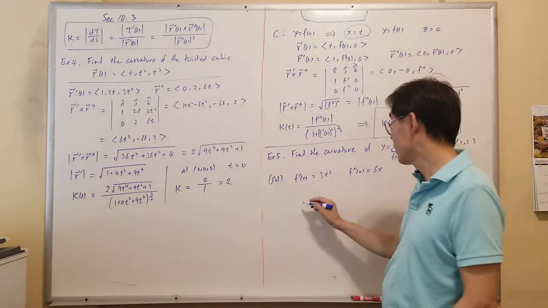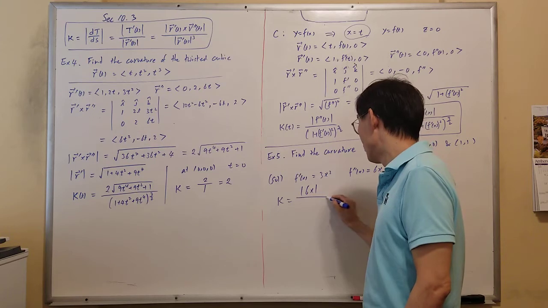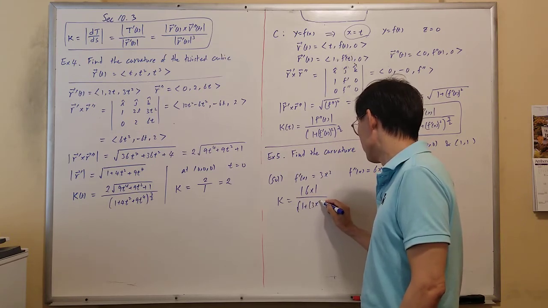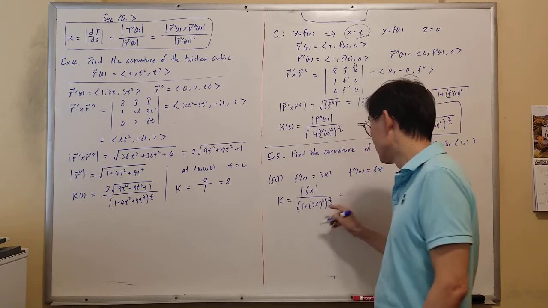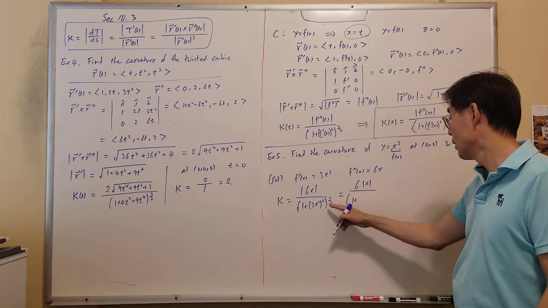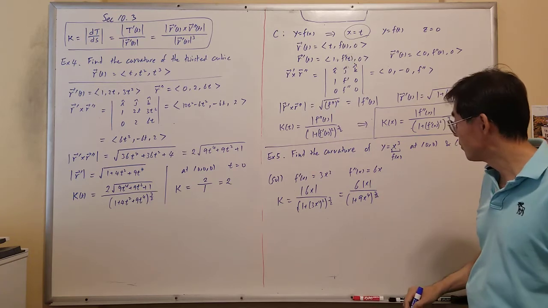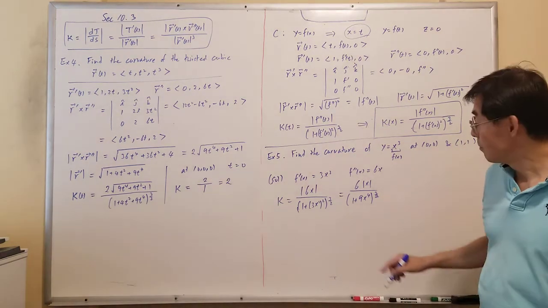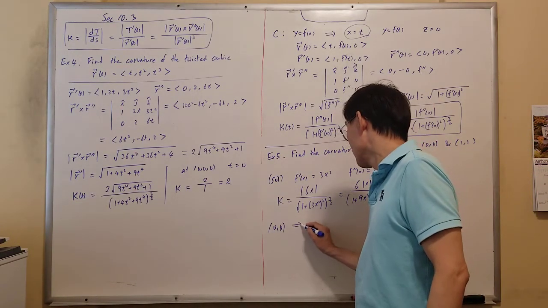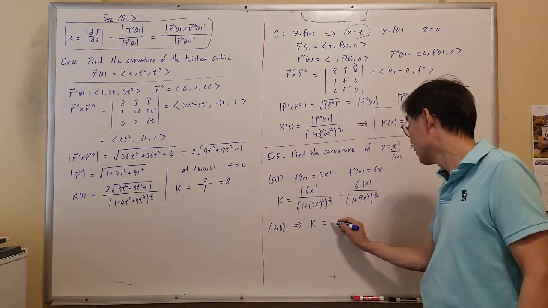Your curvature is the absolute value of f double prime over (1 plus f prime squared) to the 3 over 2. This is just 6 times the absolute value of x over (1 plus 9x to the 4th) to the 3 over 2 power. Okay? So, then, at (0, 0), your curvature is when x equals 0, right? Plug in x equals 0. So it's 0.